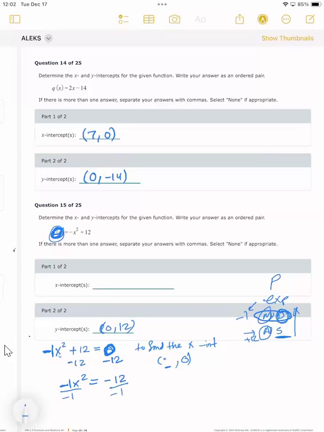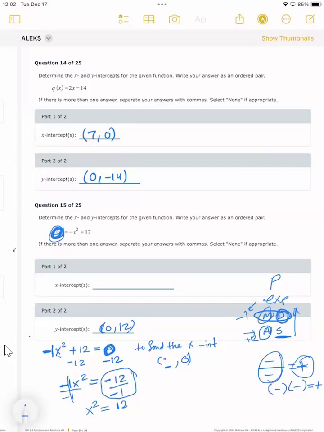So what do I get? I get x to the power 2, negative divided by negative is positive, and 12 divided by 1 is 12. So negative divided by negative is positive, just like when you multiply. When you multiply two negative numbers, you get a positive number. When you divide two negative numbers, you also get a positive number.